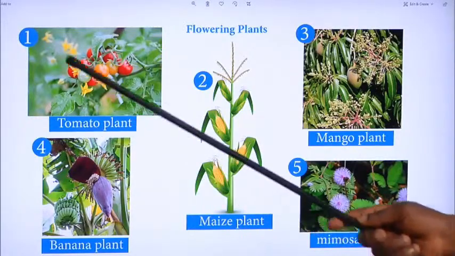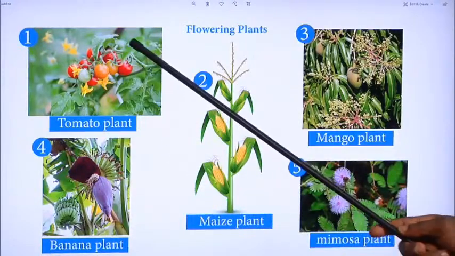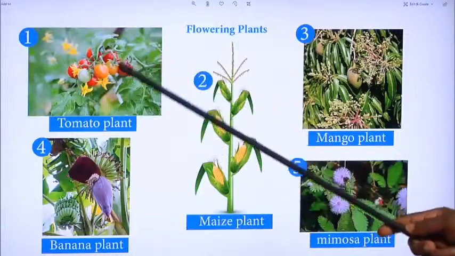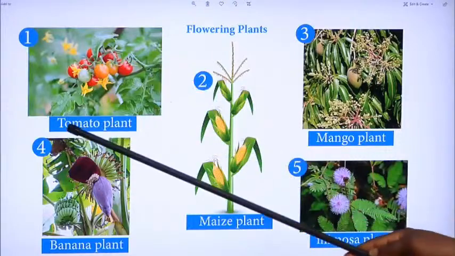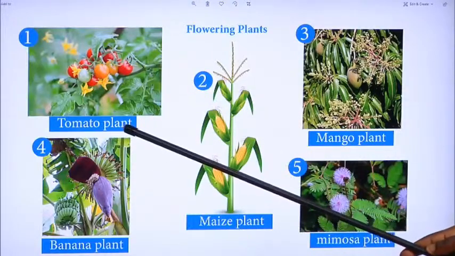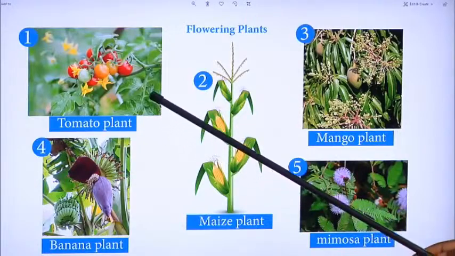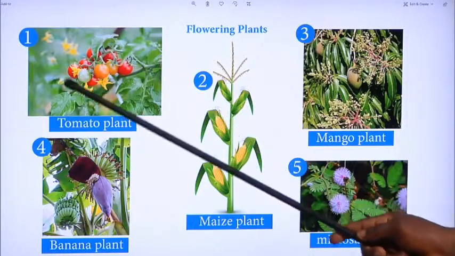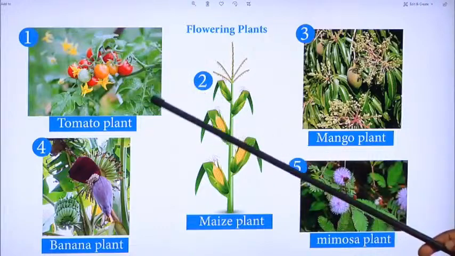Look at picture 1. What can you see? This is a tomato plant. It has many flowers.